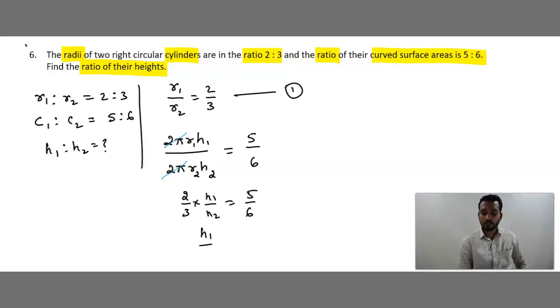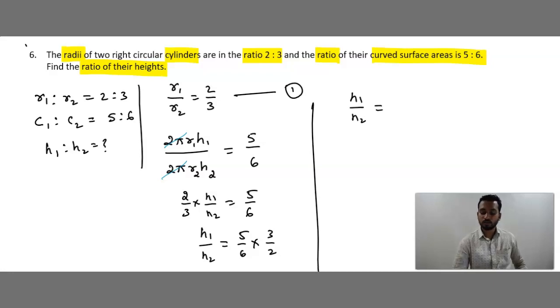I am going to keep H1 by H2 as it is: 5 by 6 into 3 by 2. So H1 by H2 is equal to 5 3s are 15, 6 2s are 12. If you want, you can cancel here: 3 1s are 3, 3 2s are 6. So 5 1s are 5, 2 2s are 4.